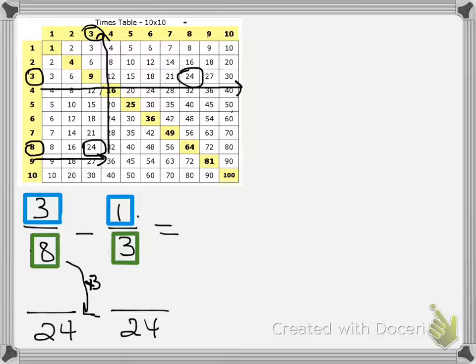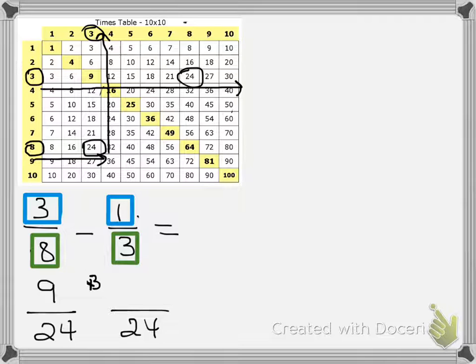So because I multiplied 8 times 3 to get 24, I know that what I do to the denominator, I have to do to the numerator. So that lets me know that I also need to do 9 times 3. And 9 times 3 is 27. So now I am done with this fraction.